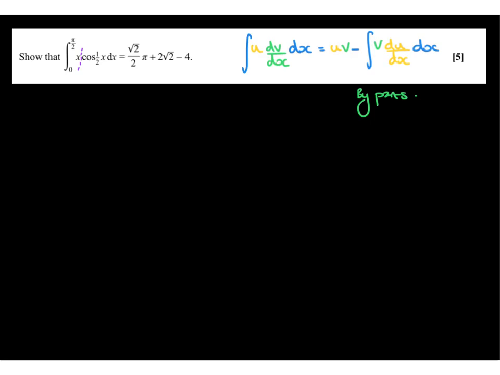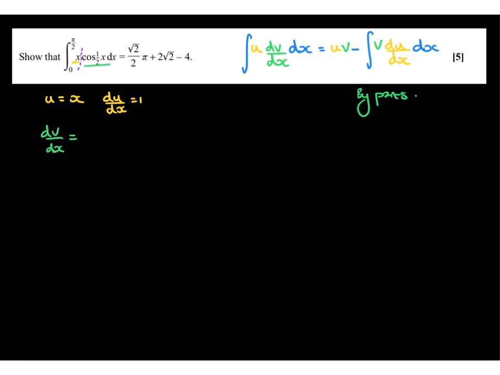So remember, we want to choose our u and our dv by dx very carefully. We want to choose the trigonometric function, ideally, for dv by dx, and we want to choose u to be x. So du by dx is then 1, so this is u, and this is dv by dx.